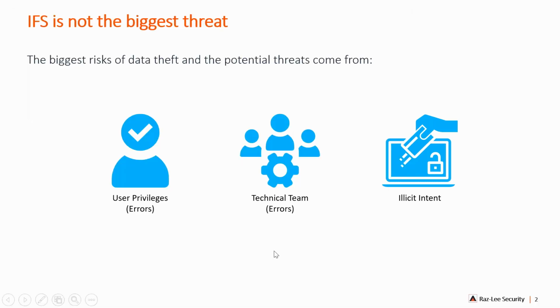So it's true, user privileges and the technical team, they both can make errors on your system, but we're after this one individual behind the keyboard. We want to find those requests that are eager to get the information we so desperately want to secure and save from their eyes. Not only from their eyes, but also from their keyboard and maybe program.